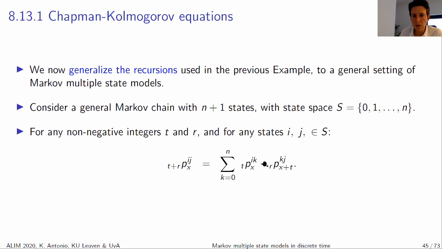This intermediate state k can be any state in my state space. This system is referred to as the Chapman-Kolmogorov equations, which we can use to go from one-year transition probabilities to multi-year transition probabilities in our discrete time setting.